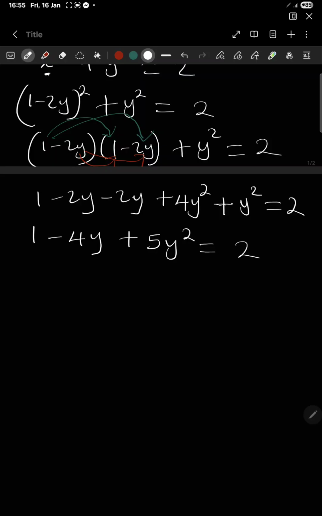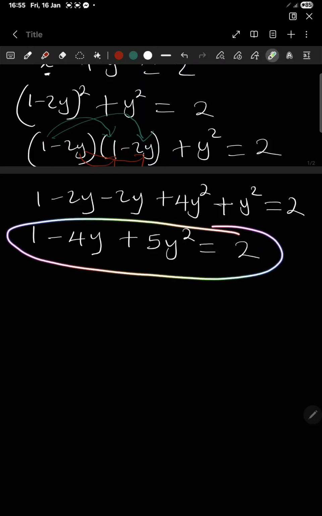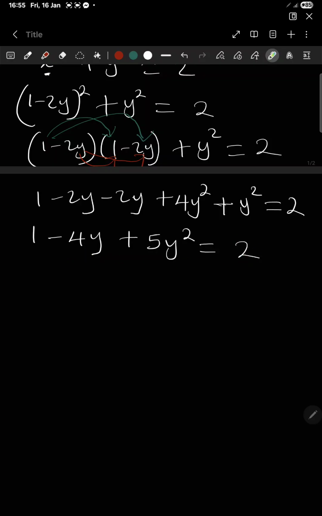After you've done that, as you can see, this equation that we formulated is looking like a quadratic equation. So now we can write this in order and solve it quadratically to get the values of y.